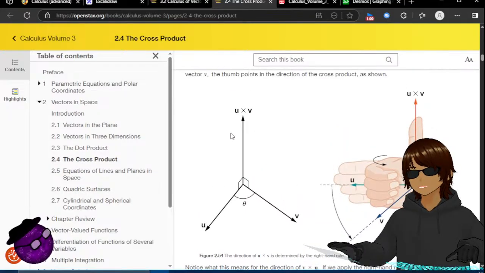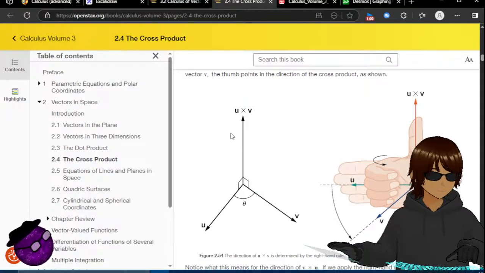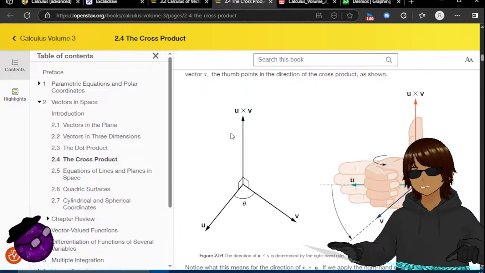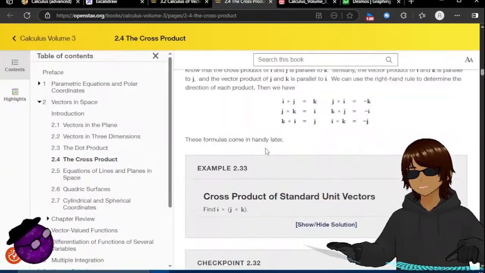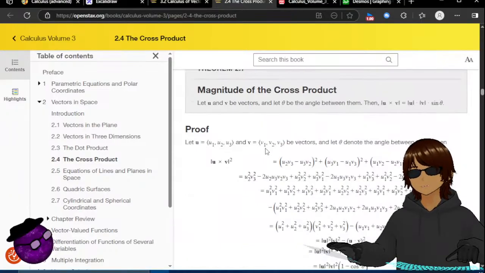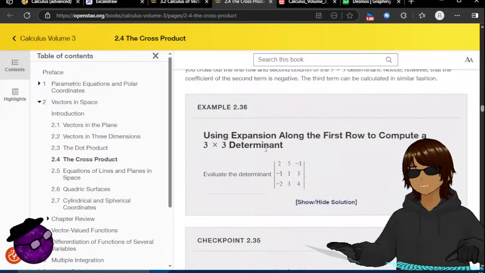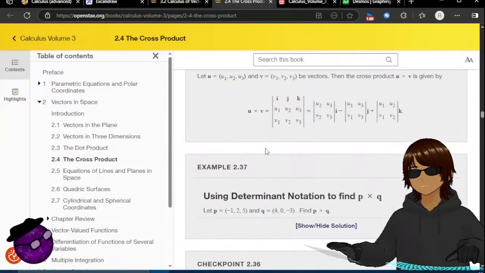I'm using my right hand rule. So the first finger is the first term, the middle finger is the second term, and the thumb is the direction of the cross product. I need to remember that. And where do they do the determinant thingy?